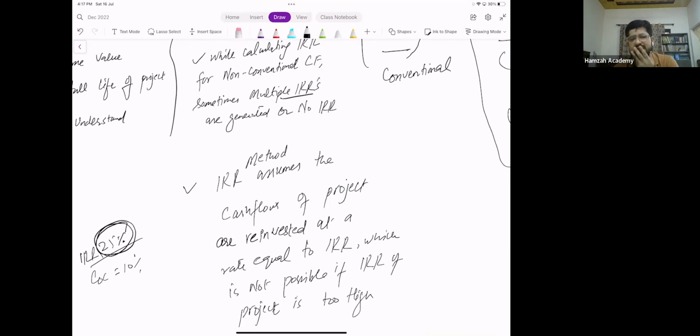Practically, it is not possible to find a different project with the same rate for reinvestment of excess cash. NPV assumes that they are being reinvested at cost of capital, which is quite reasonable. So for IRR, this assumption is not appropriate, because it is not possible to invest the cash flows at a similarly high rate.